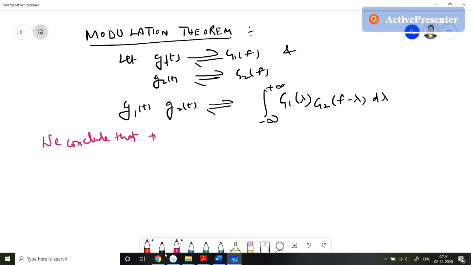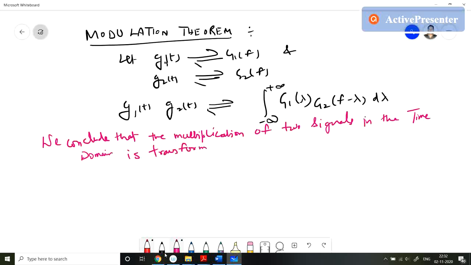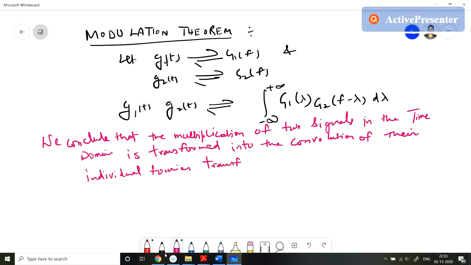So we conclude that the multiplication of two signals in the time domain is transformed into the convolution of their individual Fourier transforms in the frequency domain.